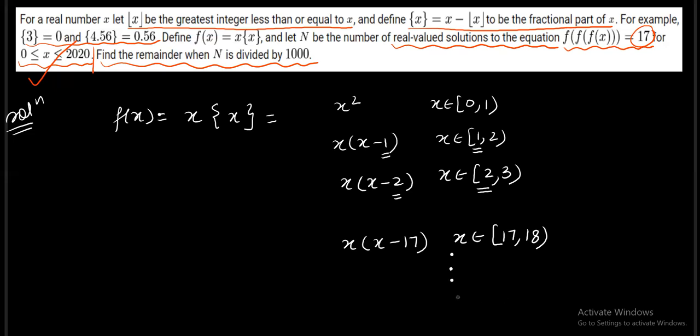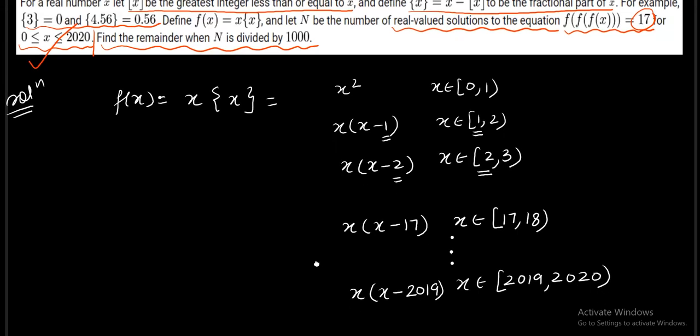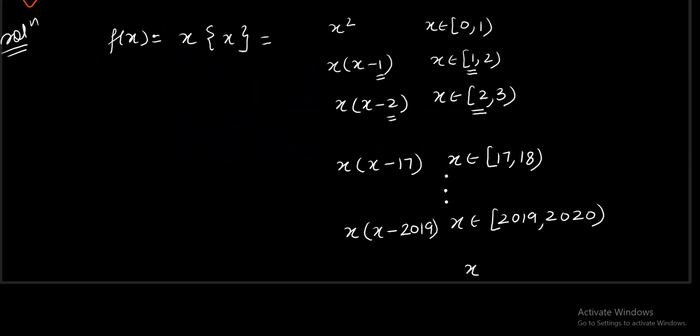Keep on defining it like this till you reach the open interval 2019 to 2020. For 2019 to 2020, the function will become x into x minus 2019. And lastly, for x equal to 2020, I also need this function. So I'm just writing this for 2020. It will become 0.